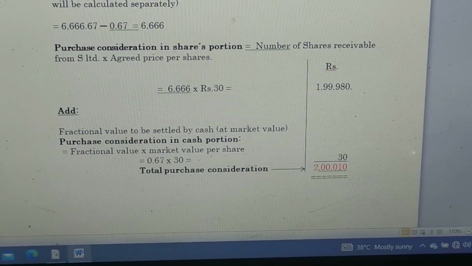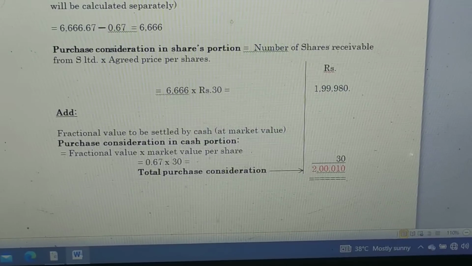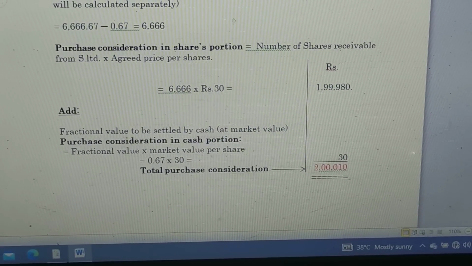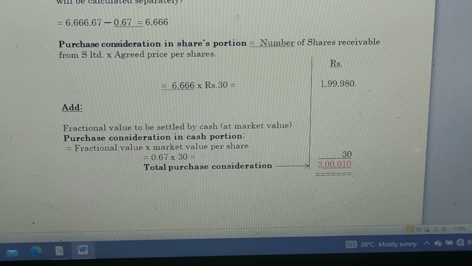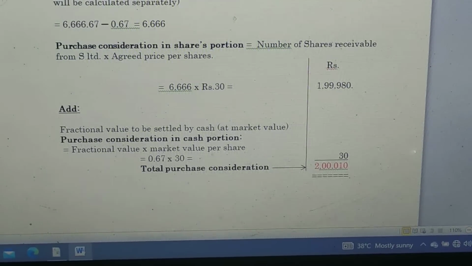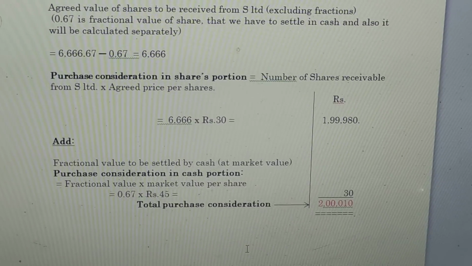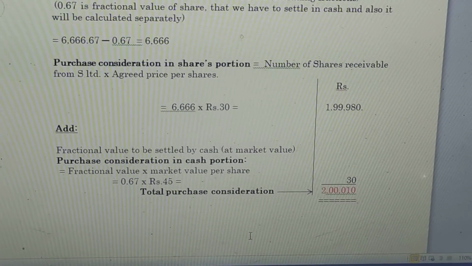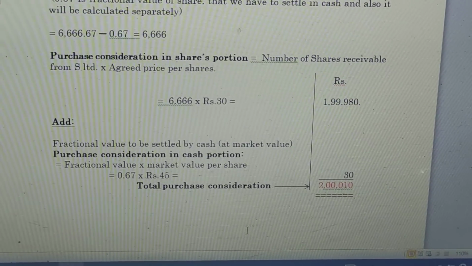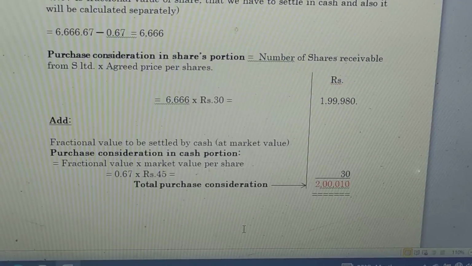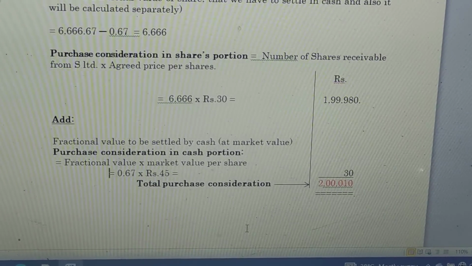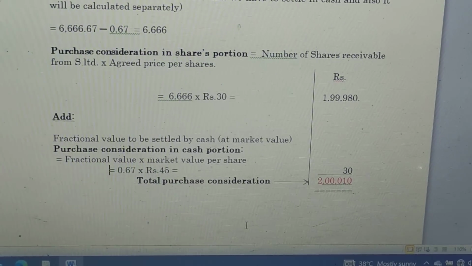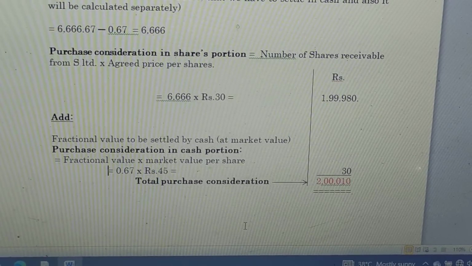Purchase consideration in cash portion equals the fractional value multiplied by the market value per share: 0.67 multiplied by rupees 45, we get 30 rupees. So the total purchase consideration is 2,10,000 rupees. It means 1,99,980 plus 30.